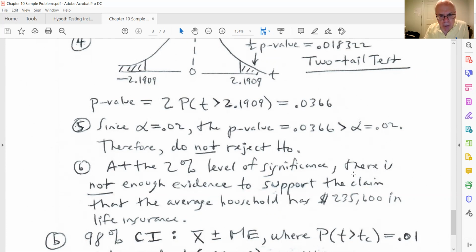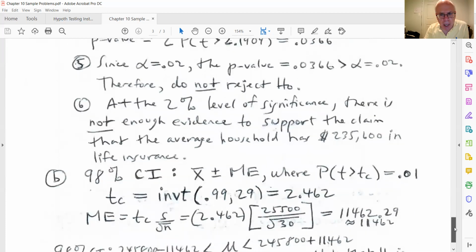Another way of saying this is there's not enough evidence to reject. I should have said to reject the claim that the average household has $235,600 in life insurance. So this is wrong. I should say reject. There's not enough evidence to reject. All right. So I will wipe that out and repost it. Don't print this out yet. I don't even think I've posted it yet anyway.